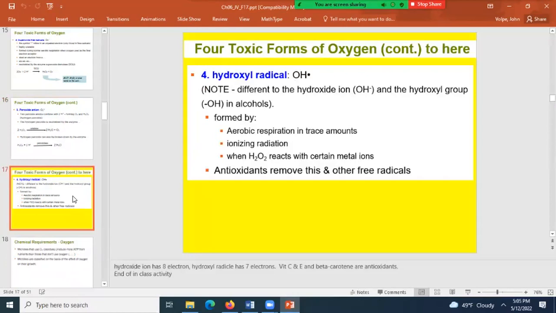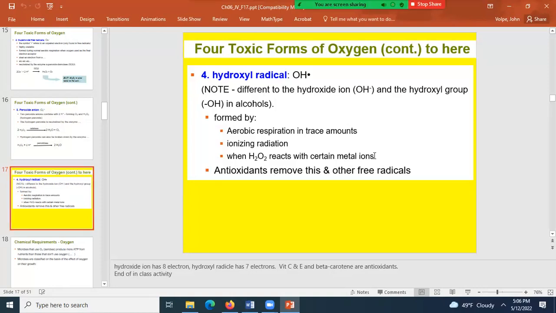Any questions about the 4 toxic forms of oxygen? You always have these 4 toxic forms of oxygen whenever oxygen is around. And it's true that oxygen itself is not toxic, but some metabolites of oxygen are.